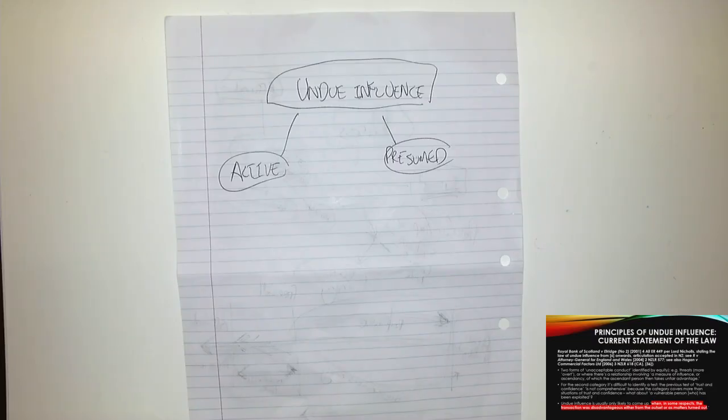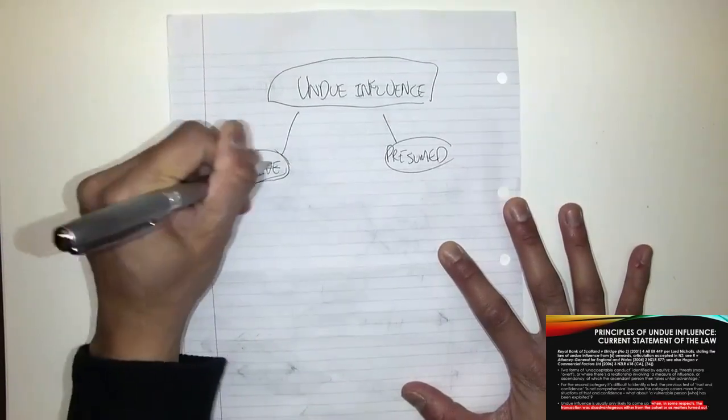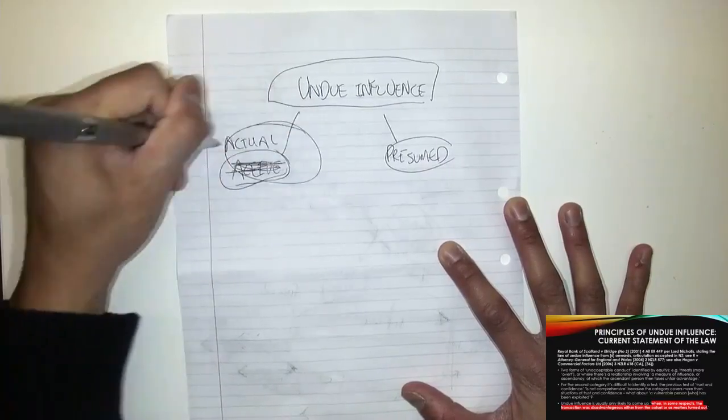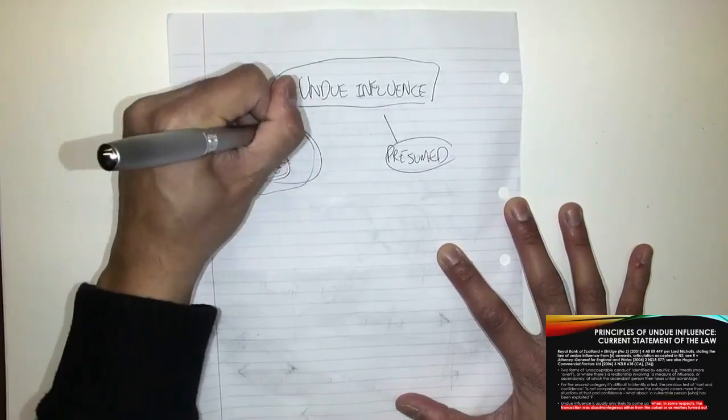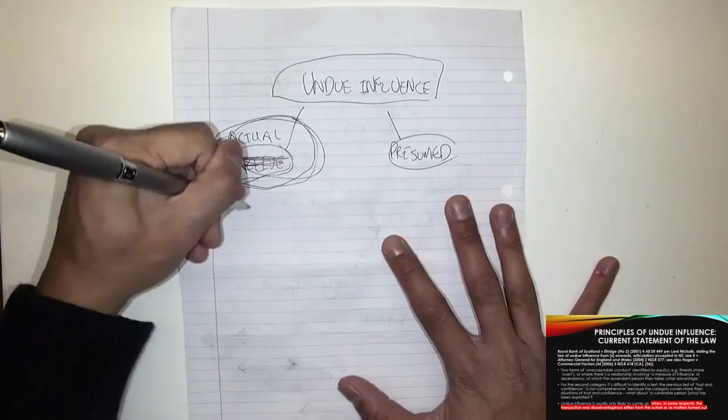Now, what are the two types of undue influence? Undue influence is really, there's two types, okay? One is actual undue influence. Okay? And this is where on the facts there has been an actual manipulation or abuse of a relationship. Right?